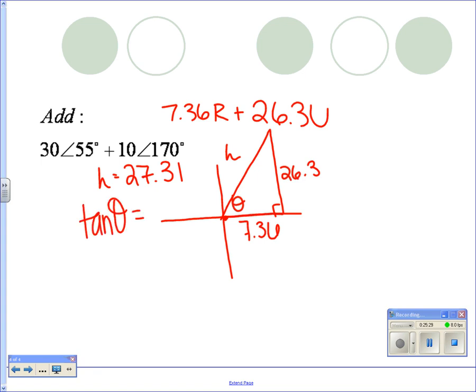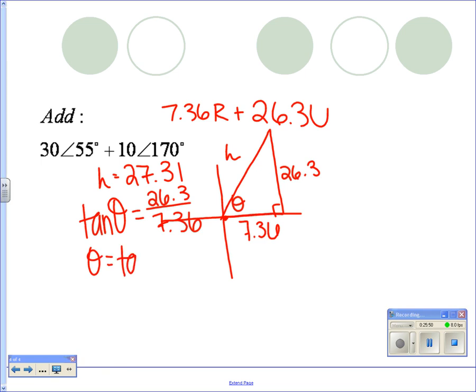Tangent. What is the tangent of the angle? What is the opposite? Does that make sense? How do we find the angle? Some of you already said it. We do what? Inverse.